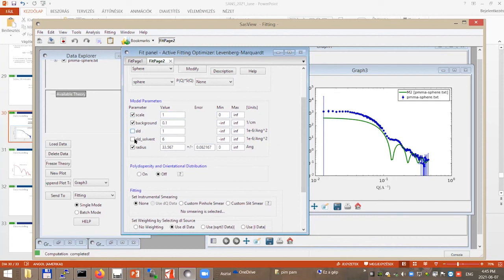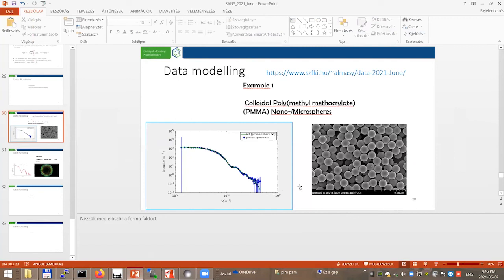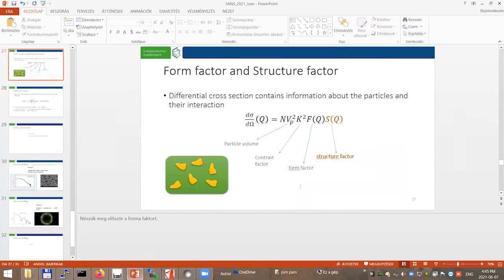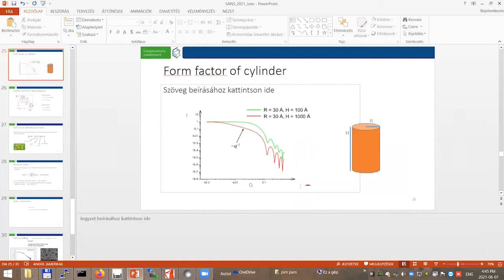Now, what are these two parameters here? These are the scattering length density of the sphere, and the scattering length density of the solvent. If we remember from the equations, these two parameters give the contrast.